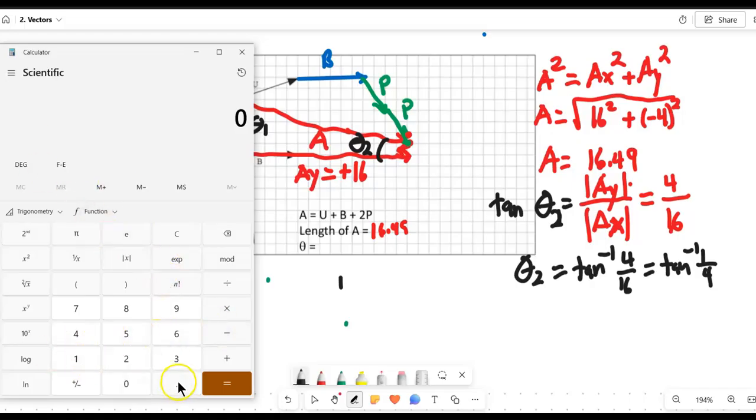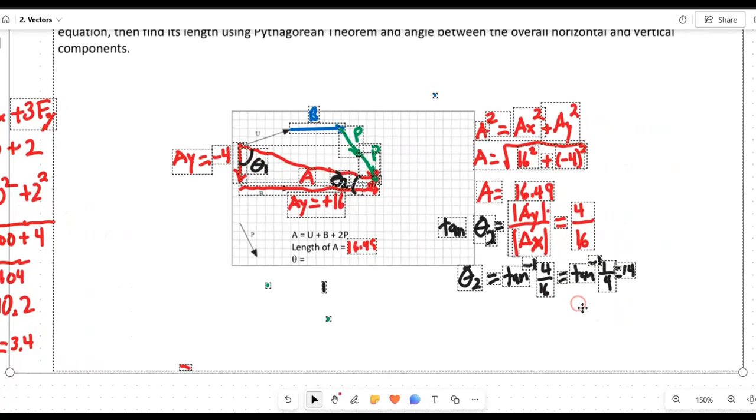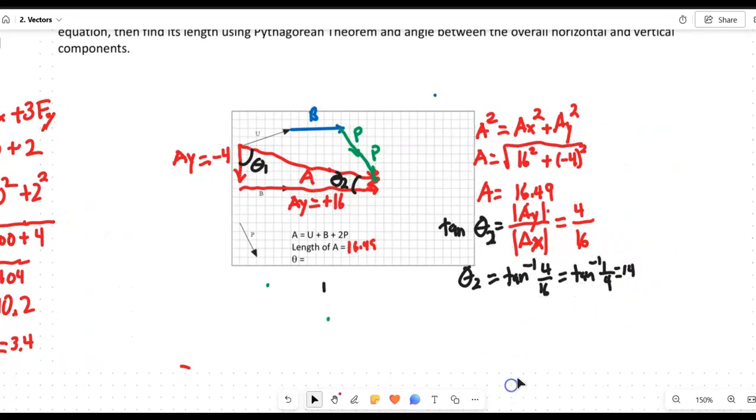So 0.25, and we're going to take the inverse tangent of 0.25, which is equal to 14.04. So theta 2 is equal to 14.04.